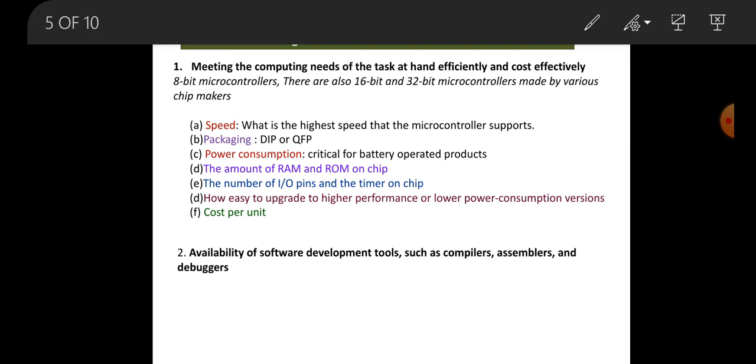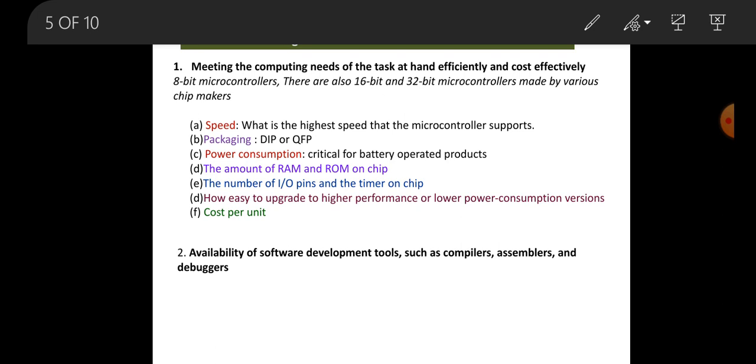So once you design a system, later on, whether the circuit is upgradable, means whether the processor or controller which has been used can be upgraded to the next higher performance chip, or if any lower power consumption versions are available, means whether the circuit can be easily upgraded, has to be considered.